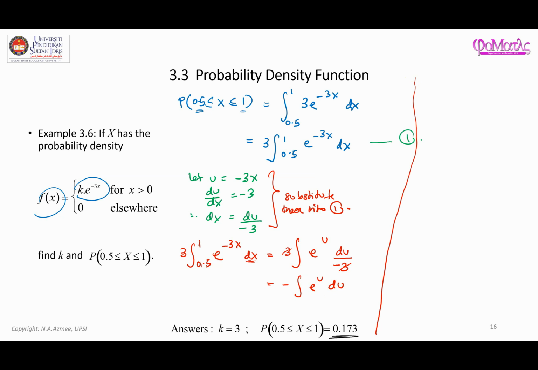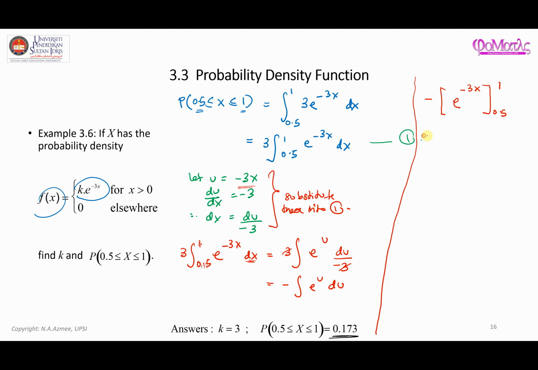I'm going to write this down, and substitute back the real value of u, which is negative 3x. So here I have e^(-3x), and now we can use back the limits, because these limits are related to x, so the limits are 0.5 and 1.